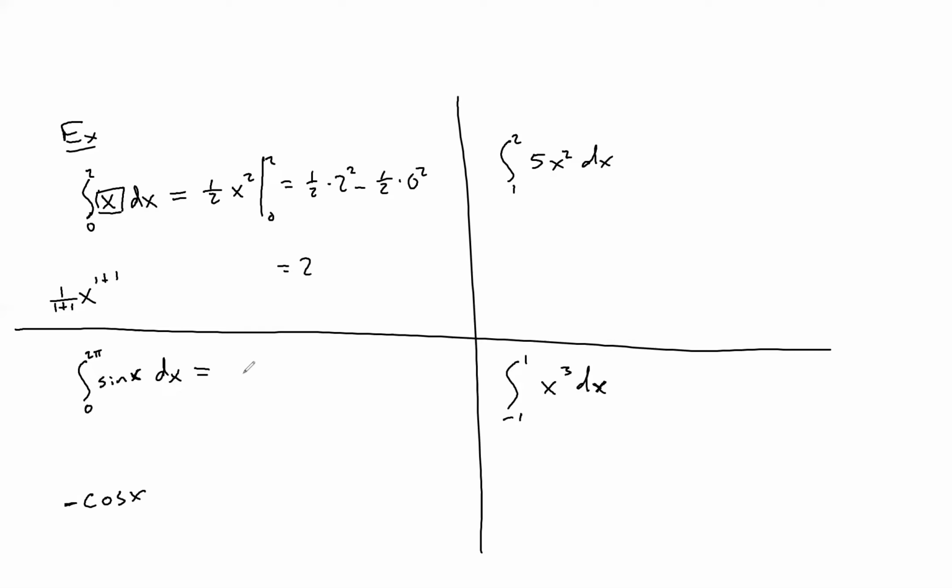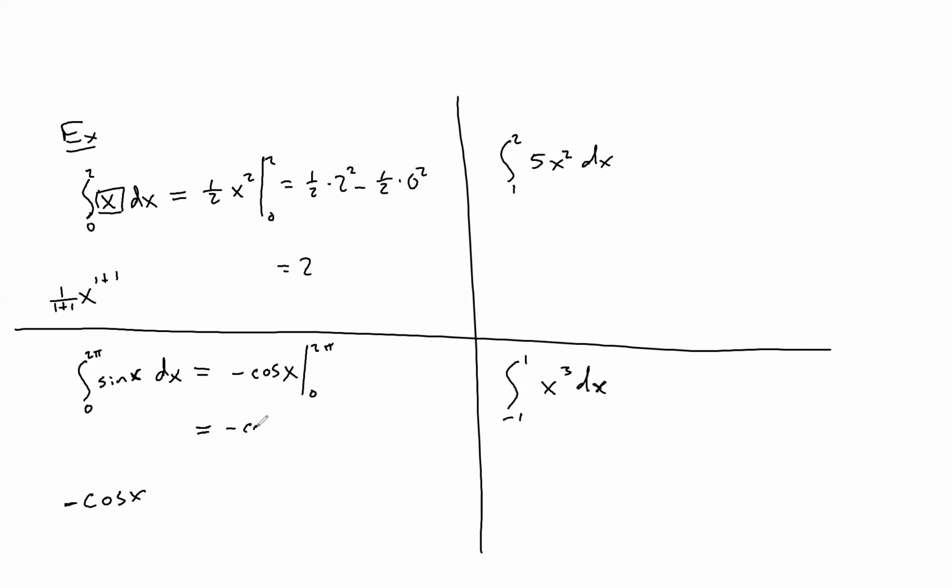If I do negative cosine x as my antiderivative, again, double check that. What's the derivative of negative cosine? The derivative of negative cosine is negative negative sine, which is a positive sine. So I've got negative cosine x, and I'm going to evaluate it from 0 to 2 pi. Now plug in 2 pi, plug in 0, and subtract.